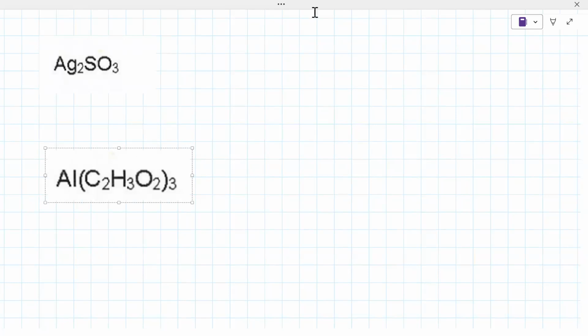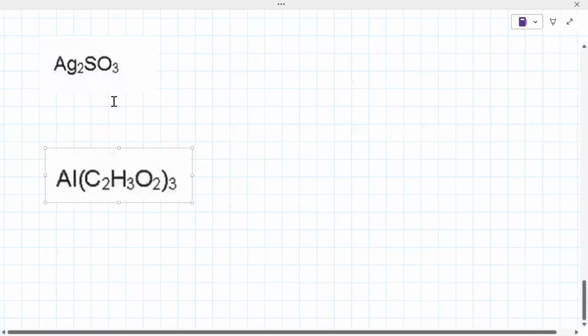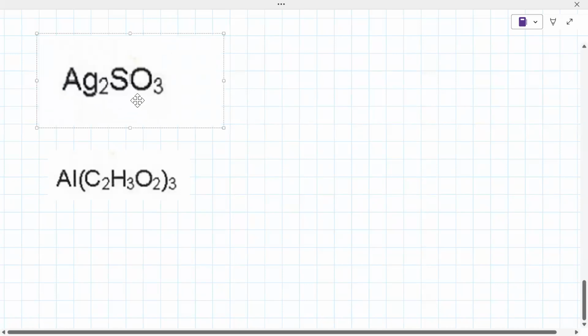Yes. All right, so it would be silver carbonate? Isn't it SO3? Wait, sorry, I misread it. Sorry, hold on.